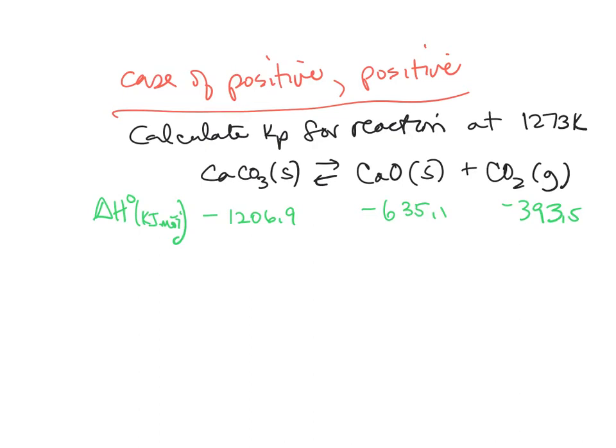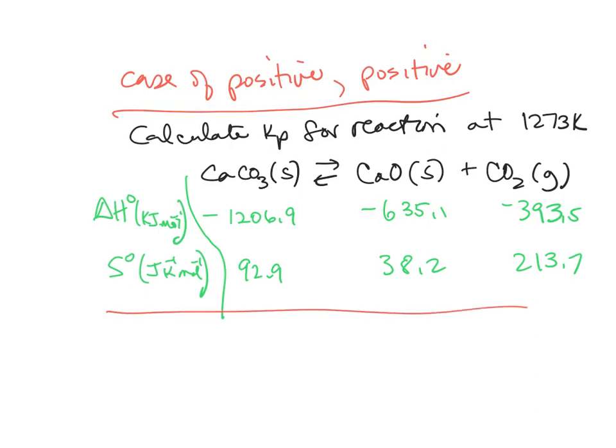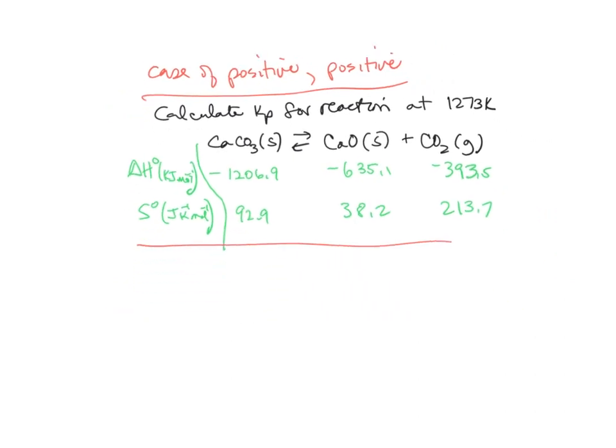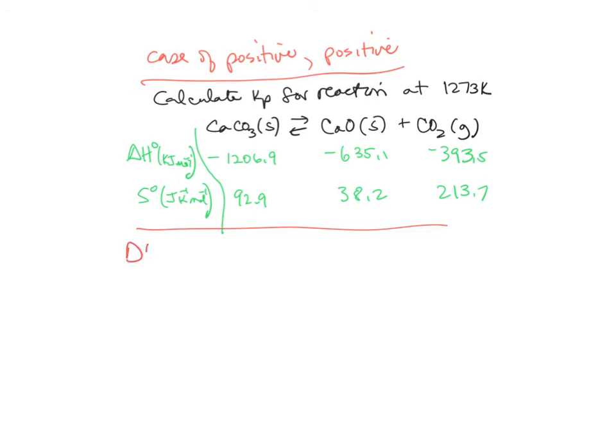Then absolute values of S. These are in joules per Kelvin per mole. And this one is 92.9, 38.2, 213.7.